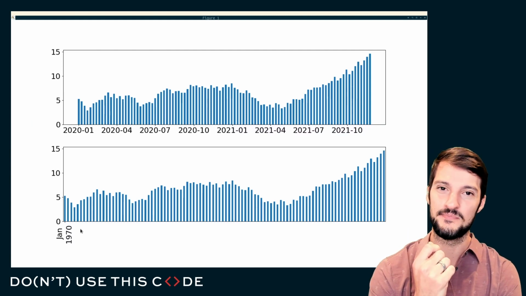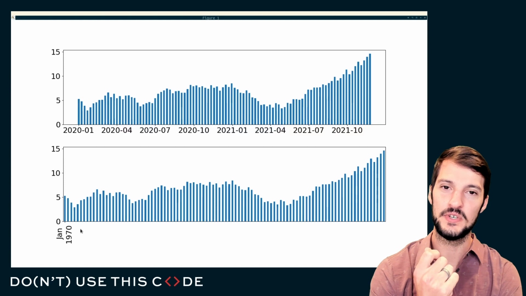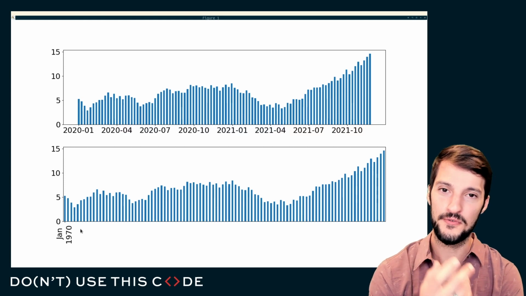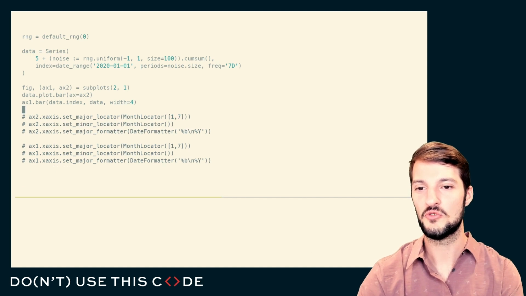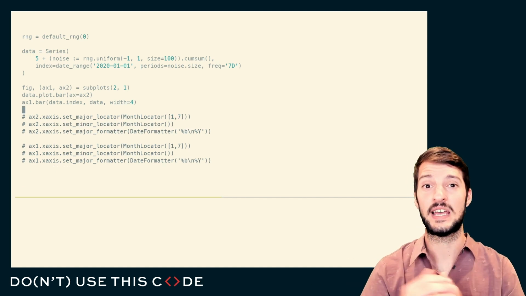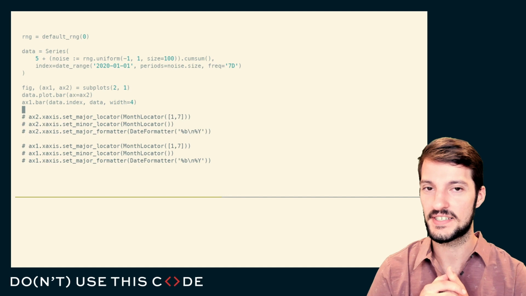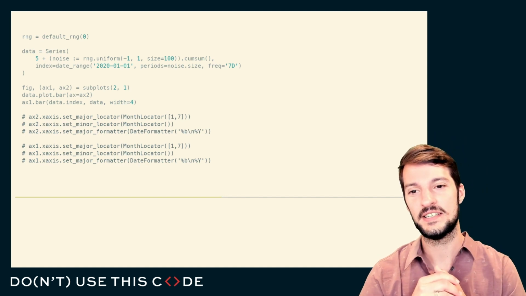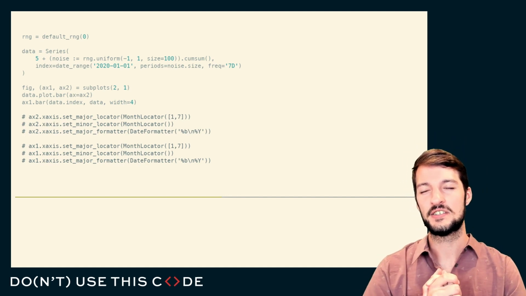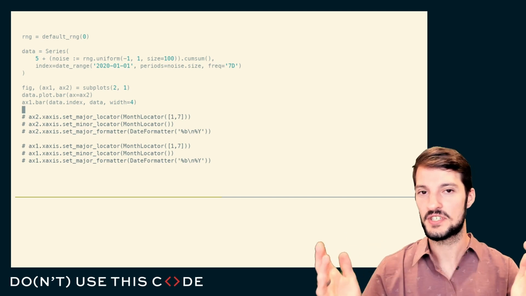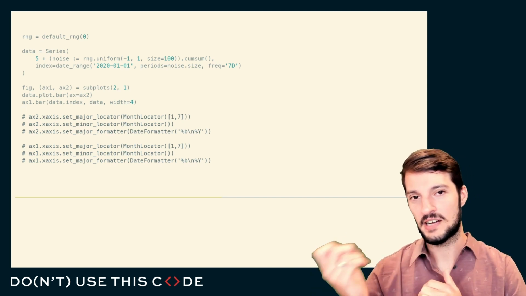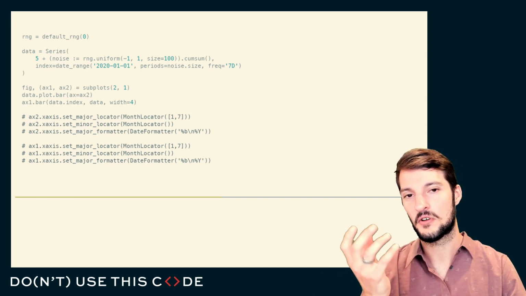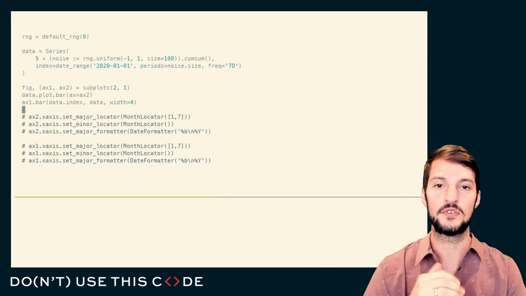What's happening here is that pandas is doing a little bit of work for you. Pandas assumes that whenever you draw a bar plot, you have a categorical x-axis. And to map categories to the continuous space that we draw all of our plots on, pandas will swap out your x values with a range from 0 to the length of your data.